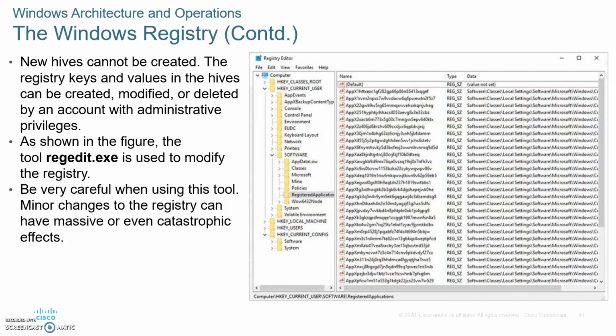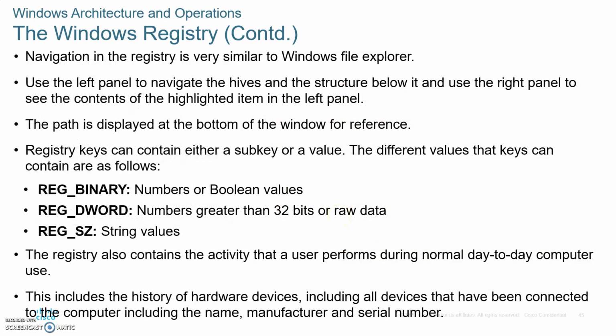But again, if you're not familiar with it, stay away from it. A lot of times when you make changes, you use binary numbers, either 1 or 0. 1 means activate, 0 means deactivate. Most of the time, that's what you would use, a binary instead of a word or a string value.